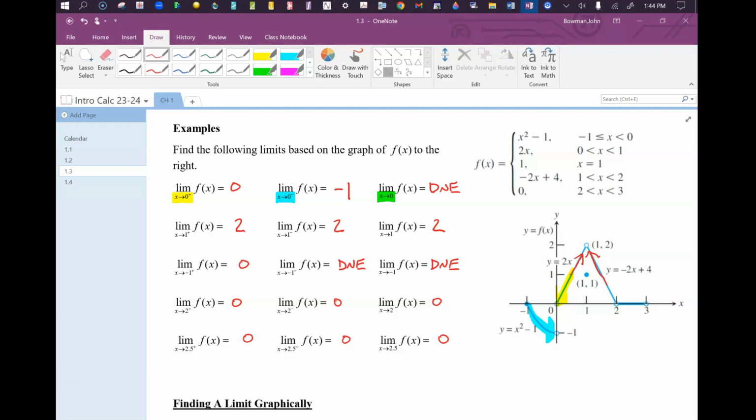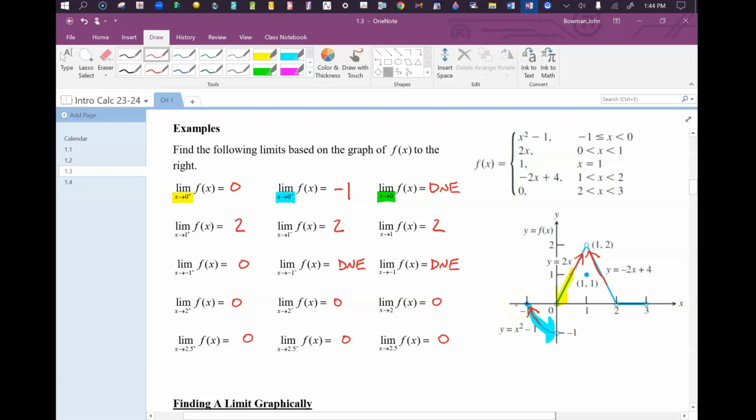As x approaches -1 from the positive direction, so that is like that, y is approaching 0, or f of x is approaching 0. As x is approaching -1 from the negative direction, well, the graph doesn't exist to the left of -1.